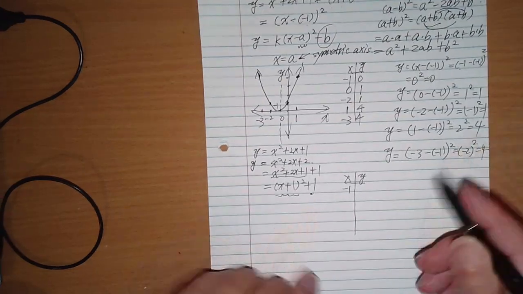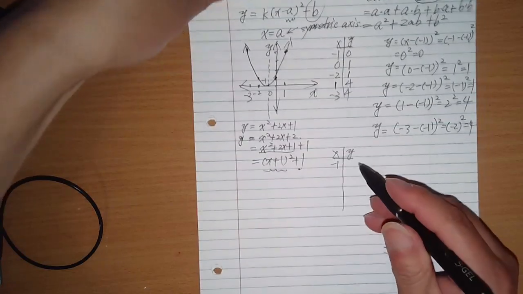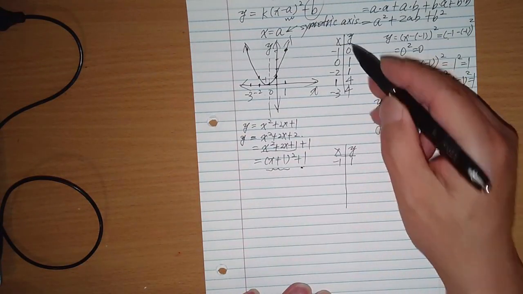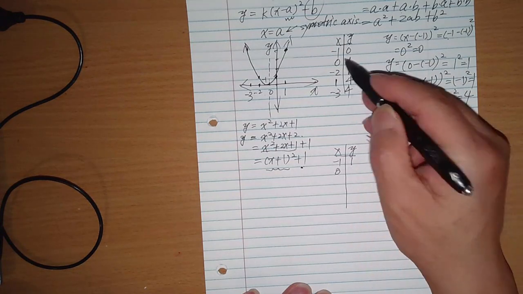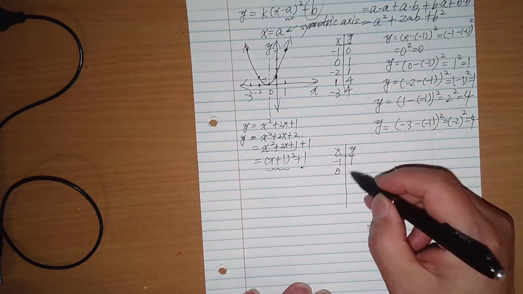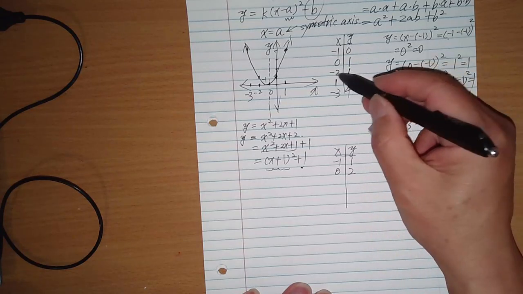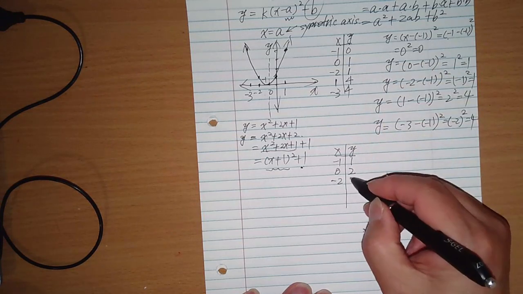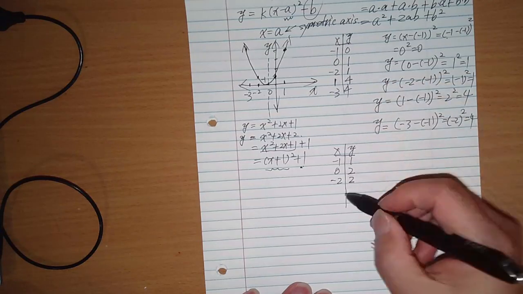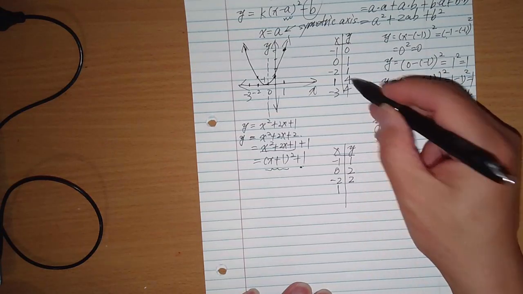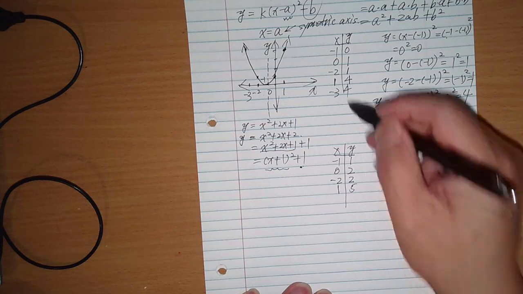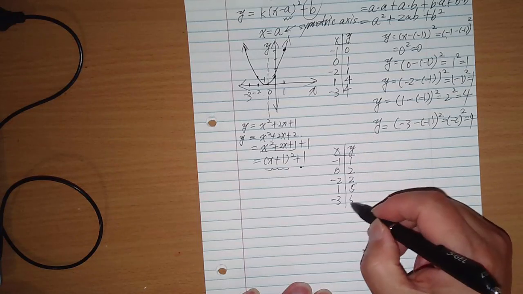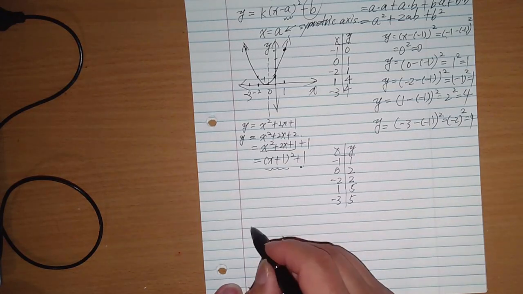So in other words, what we have is 1, because 0 plus 1 equals 1. And then when x equal to 0, 1 plus 1 equals 2. So on and so forth: when x equal to negative 2, we get 1 plus 1 equals 2. When x equal to 1, we get 1 plus 4 equals 5. When x equal to negative 3, we get 4 plus 1 is 5. Now let's graph this.